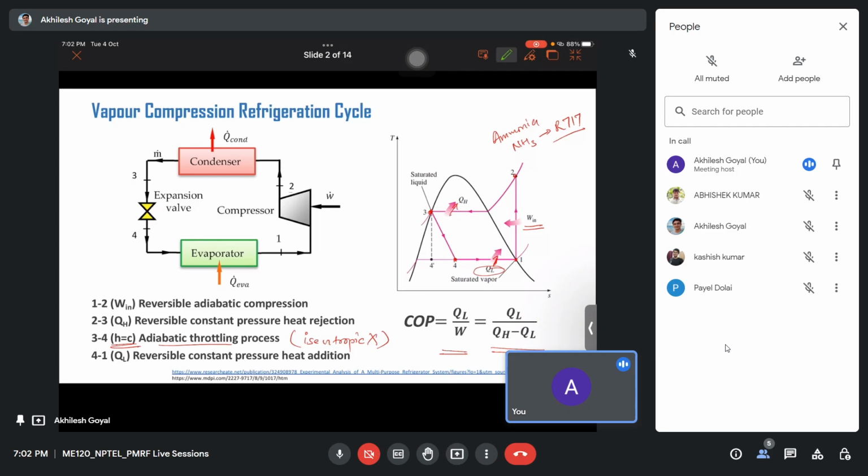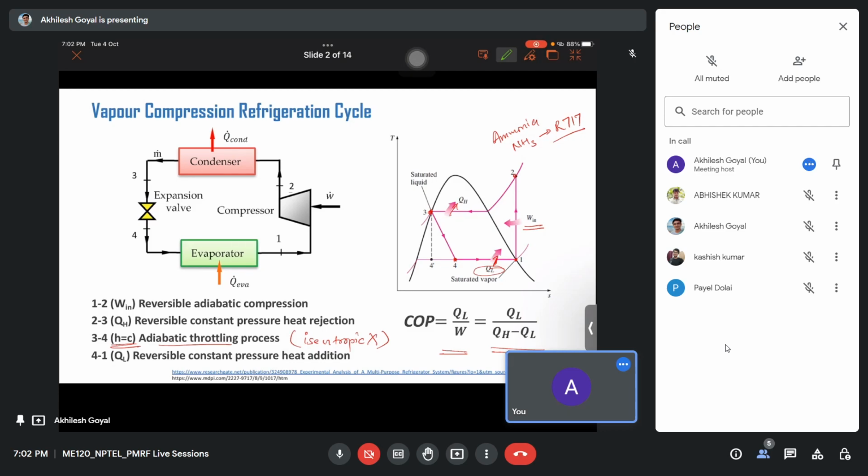To handle that much volume, you need a centrifugal compressor. Otherwise, for a reciprocating compressor, you need a big compressor and that is not economical, as well as that makes the system bulky, so that is not recommended.